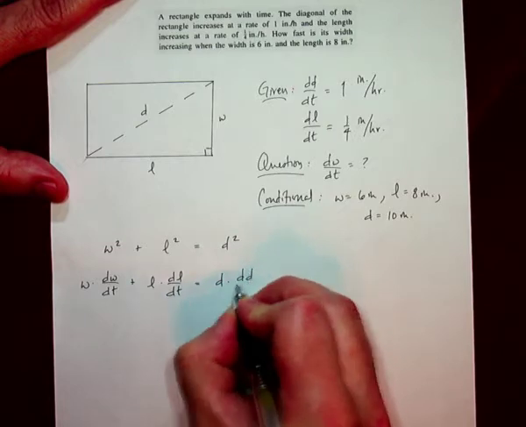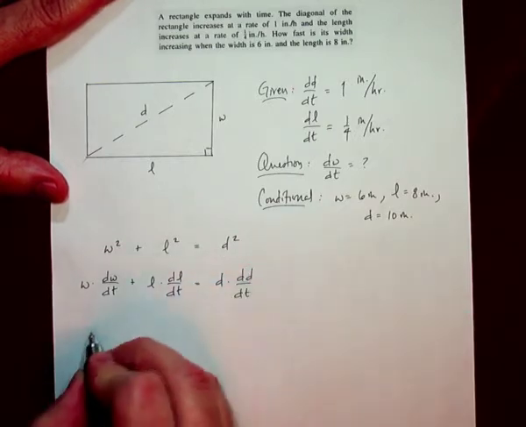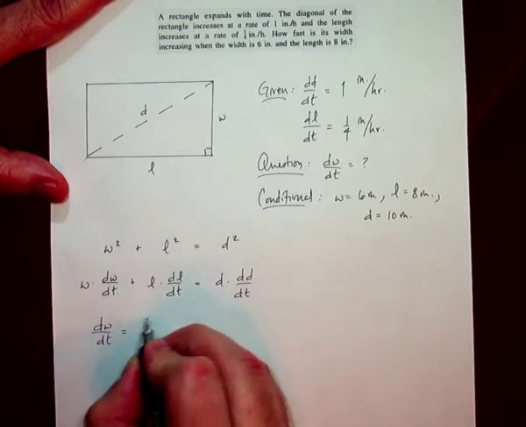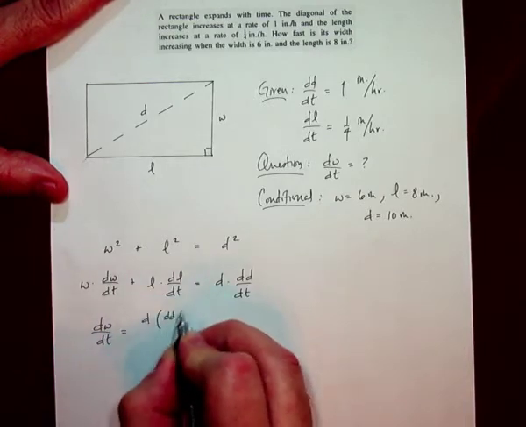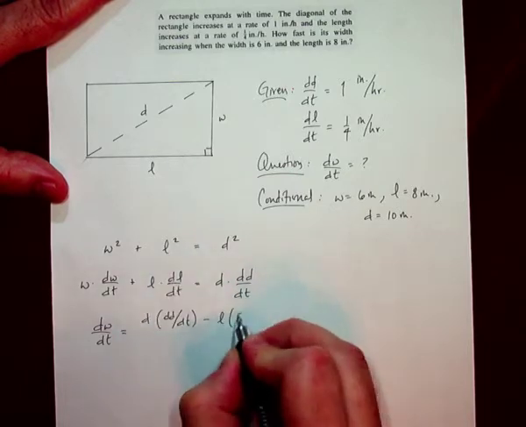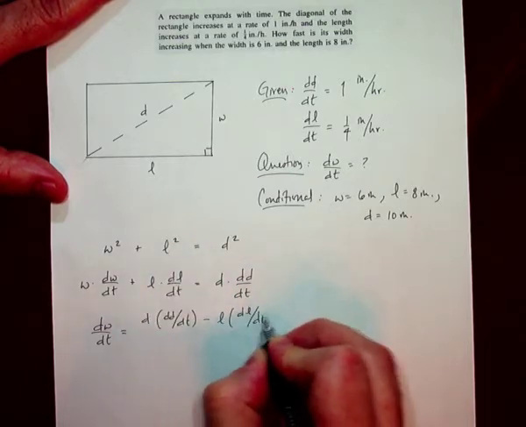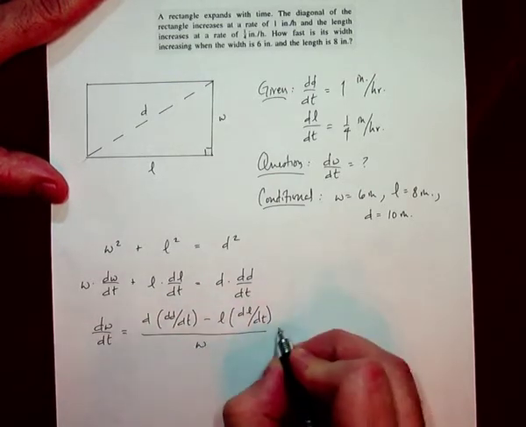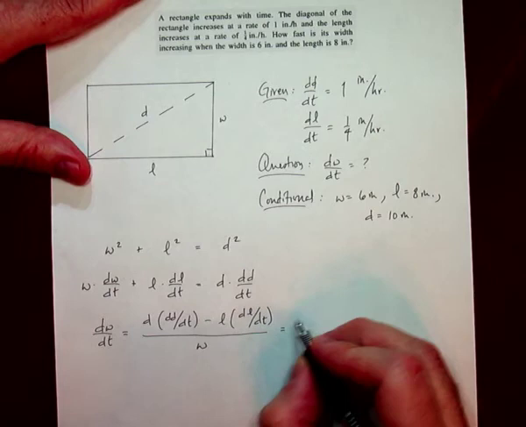Well, if I'm looking for dW/dt, then that's going to be D dD/dt minus this quantity, sending it over to the other side. And then I, of course, have to divide by W. Now, that winds up being pretty easy.